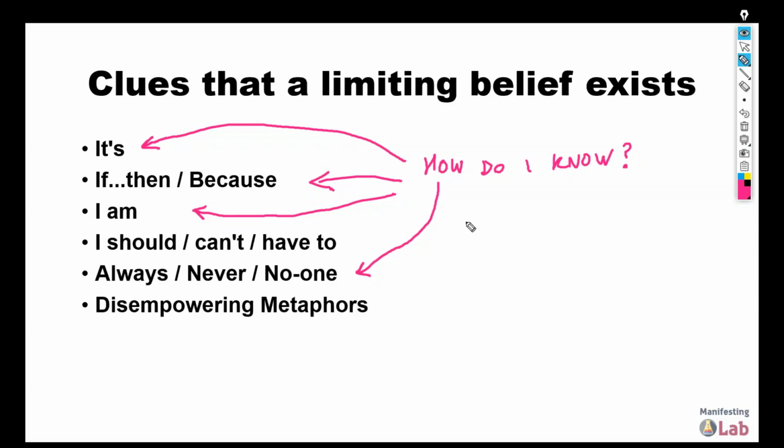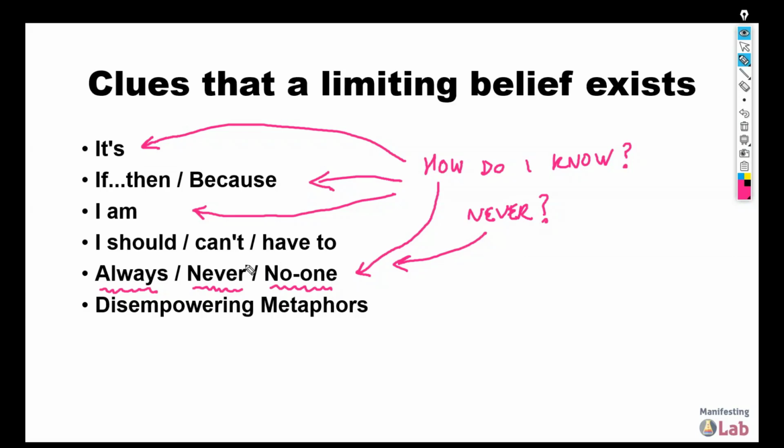Another approach is just to emphasize the word that is the blocking one. This works especially well with this one. If someone says, I always do things wrong, or I never get things right, or no one ever does things for me, you just emphasize the actual words.